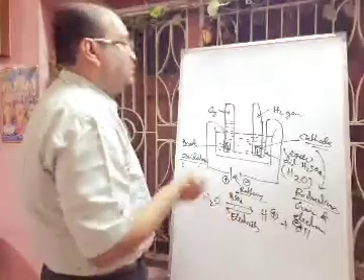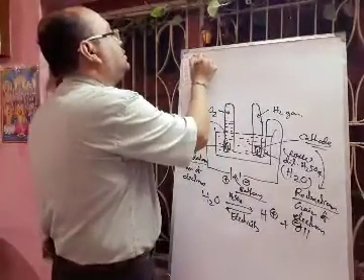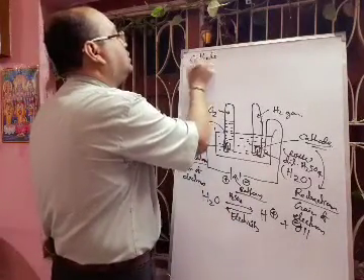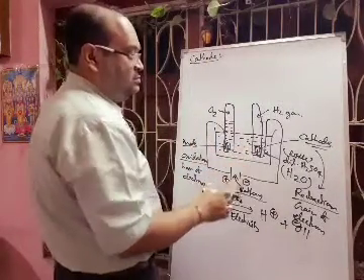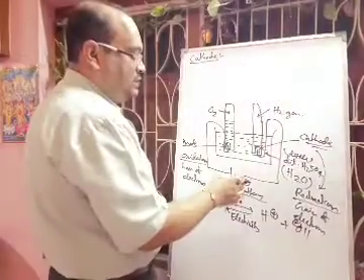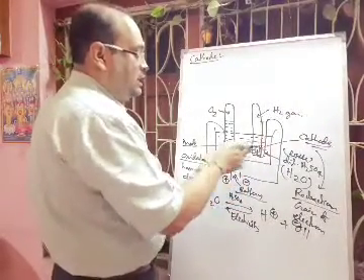So which one is the cathode here? This one is the cathode, because it is attached to the negative part of the battery, so cations will go.